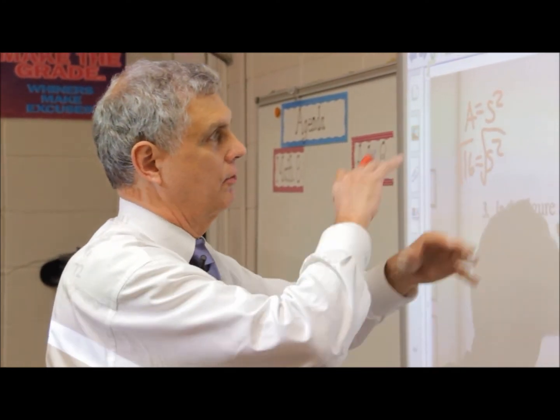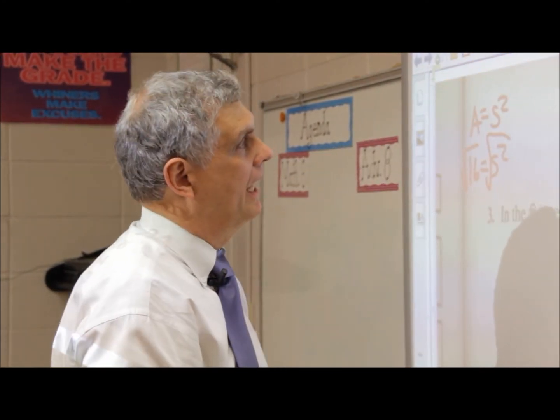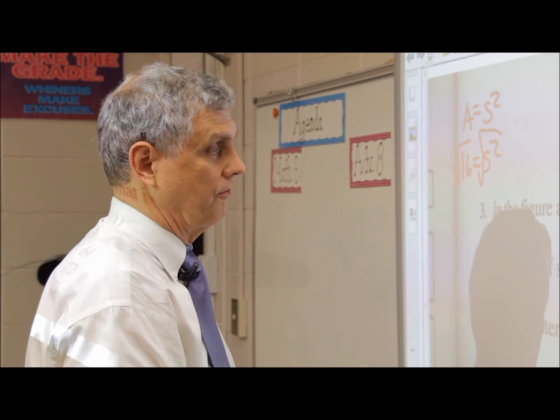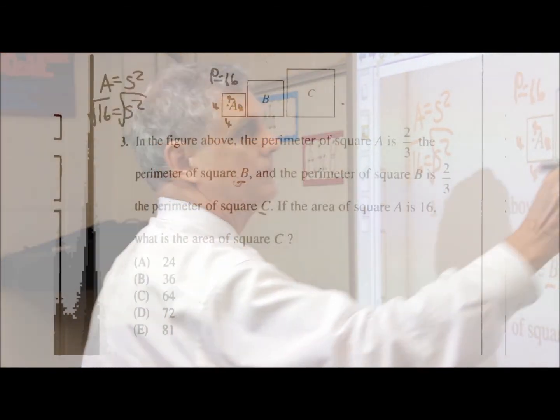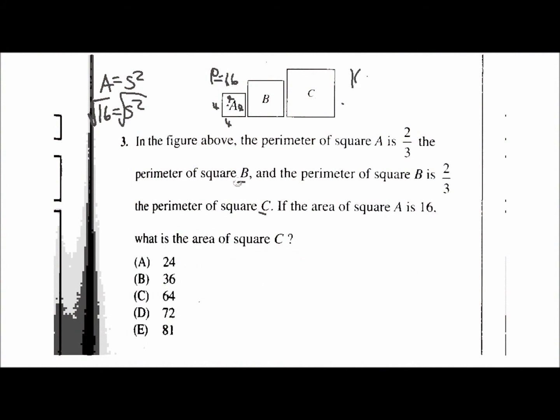So turning this around, because we're looking at it going this way, that would be 3/2 times 16. We have to flip it. So that would be 16 times 3/2 would give us the perimeter B. 3 times 16 is going to be 48/2, and that equals 24. So we put P equals 24 here.